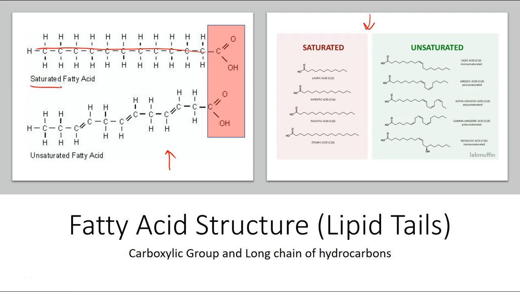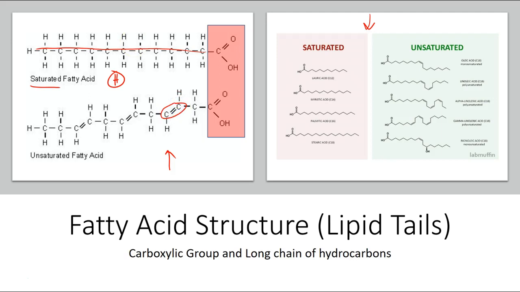And so what are we referring to when we say it is saturated? We're saying that it is saturated with hydrogen. Okay? If the carbons are completely saturated with hydrogen, they cannot form a double bond between two carbons.